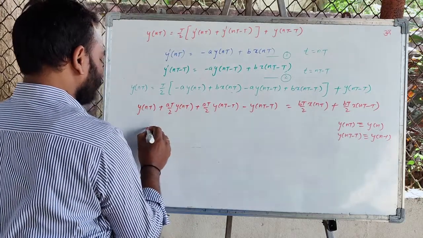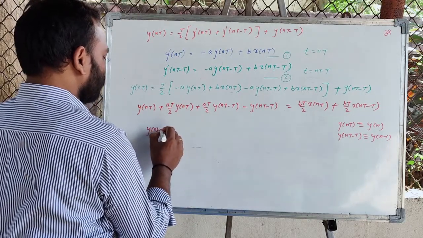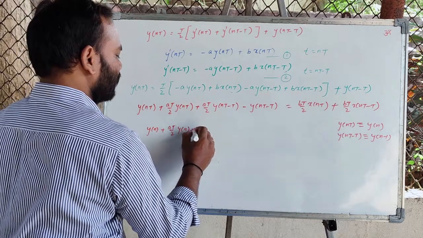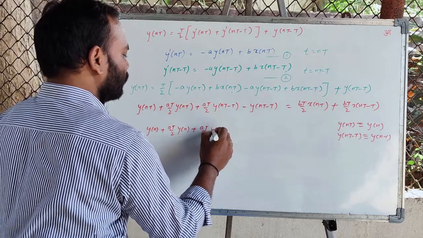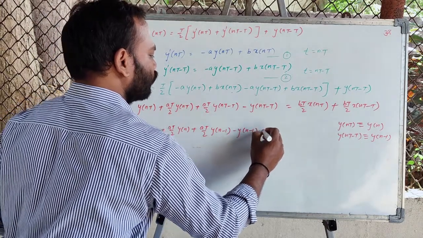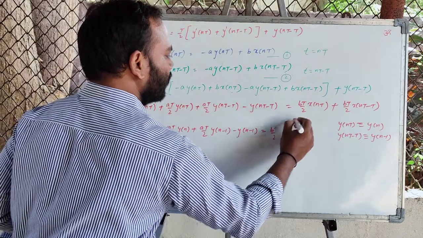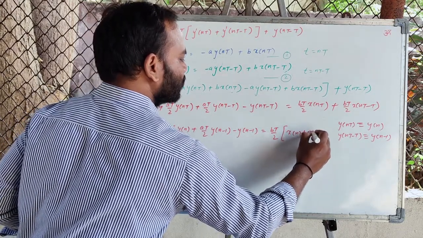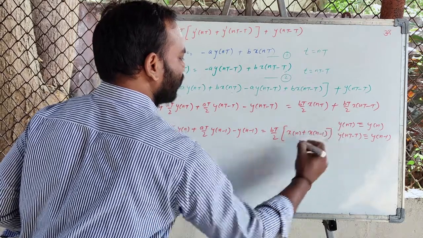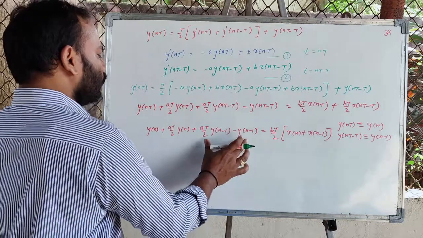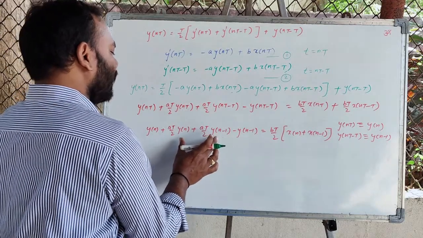Now y of n plus aT by 2 y of n plus aT by 2 y of n minus 1 minus y of n minus 1 is equal to bT by 2 times the common term, x of n plus x of n minus 1. Now group the y of n terms.